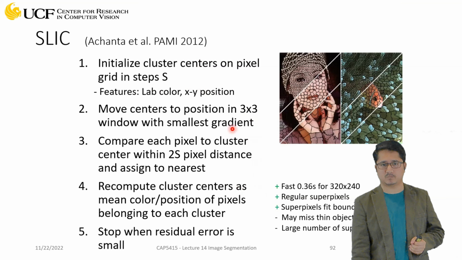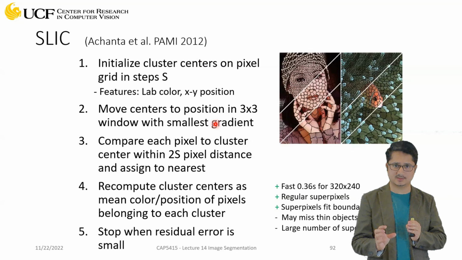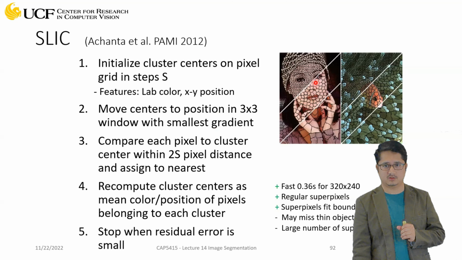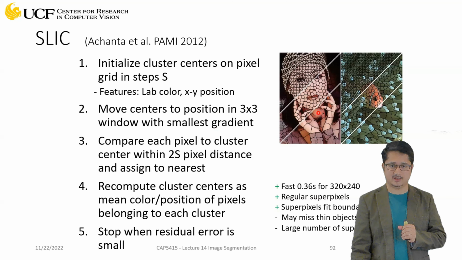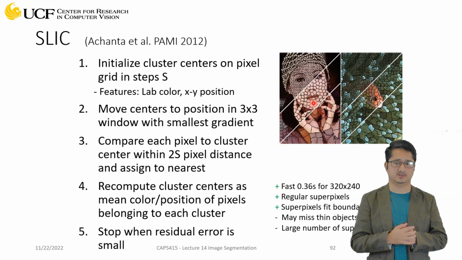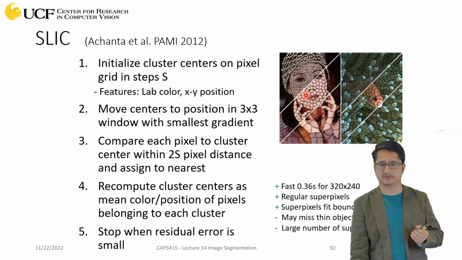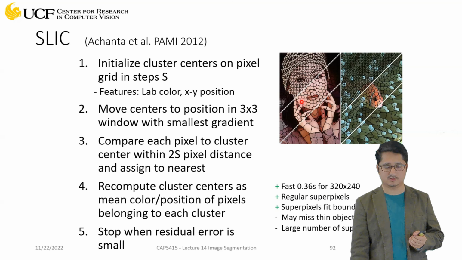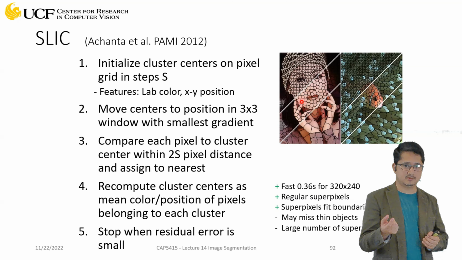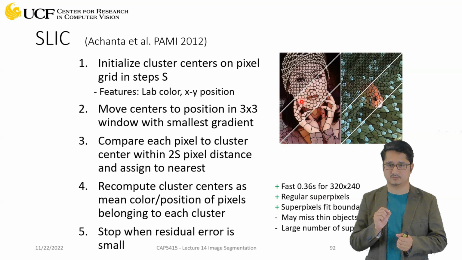So the idea is you will use k-means clustering over images, and the pixels of the images will be your sample points. For example, if you have a 300 by 300 image, you will have that many pixels, and each pixel is your data point.